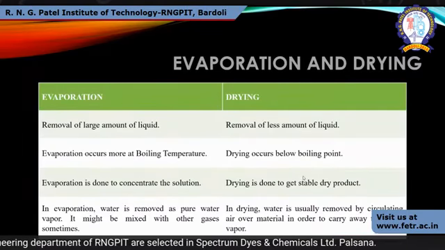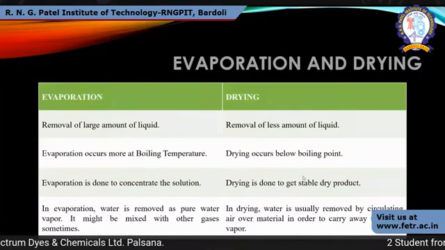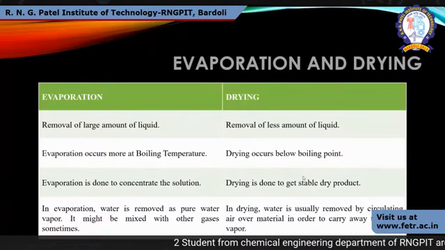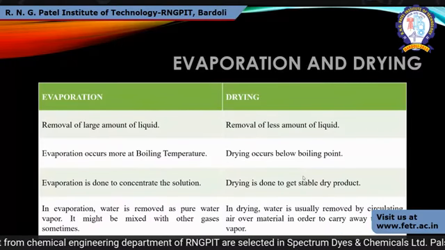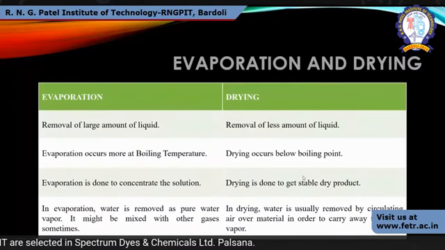The third point is that evaporation is done to concentrate the solution, and drying is done to get a stable dry product. I have clearly mentioned that in the last slide as well. And the final point: in evaporation, water is removed as pure water vapor, or it might sometimes be mixed with other gases.